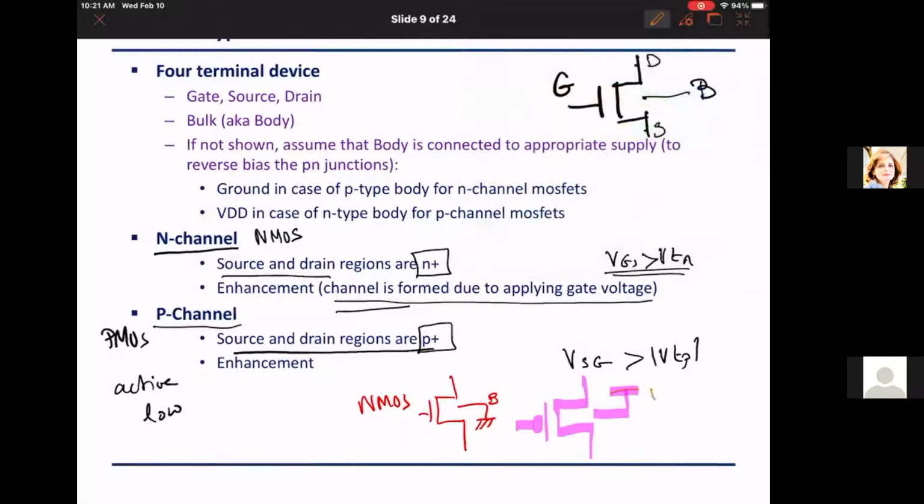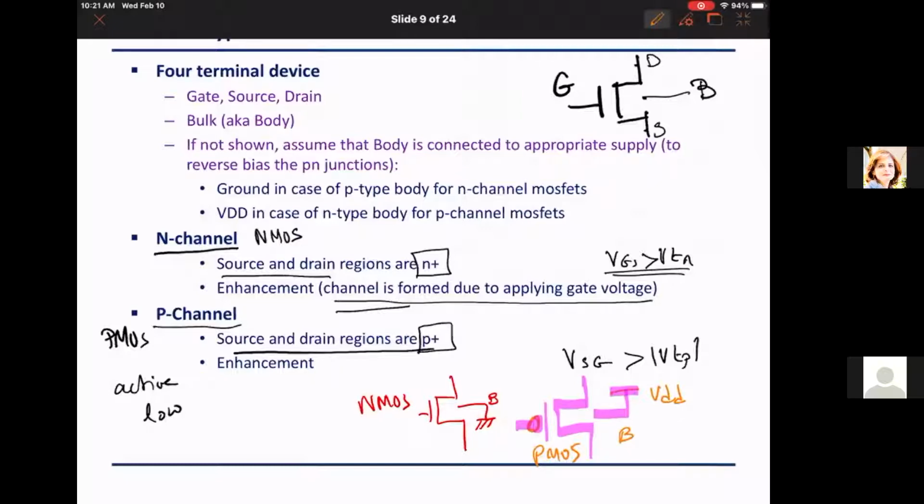So we don't draw it anymore, but we assume that all the body nodes of the NMOS devices are connected to ground, and all the body nodes of the PMOS devices are connected to VDD.